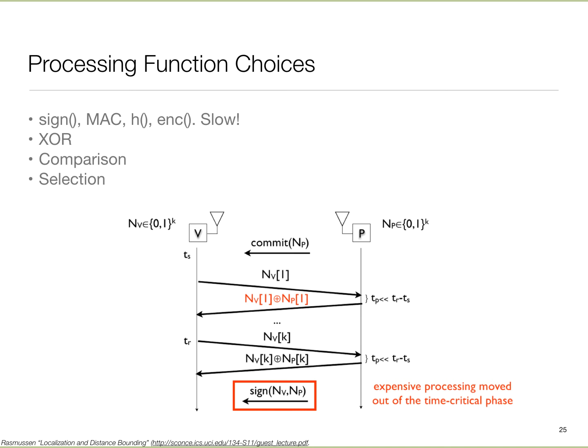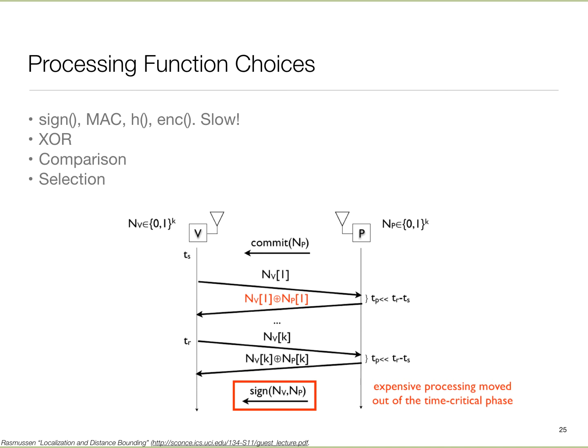So the trick is, what are the simplest computation functions you might think of bitwise? There are simple logic operations, like XOR or comparison or selection, muxing basically, where depending upon the incoming bit, your response would differ. Let's take just the XOR in this example.